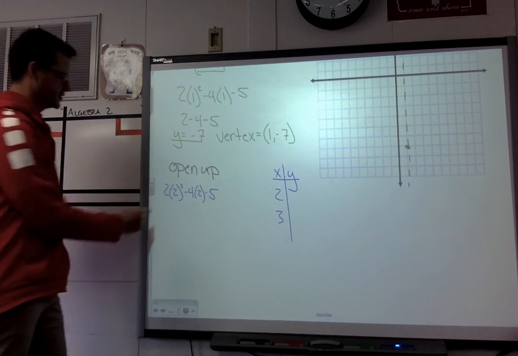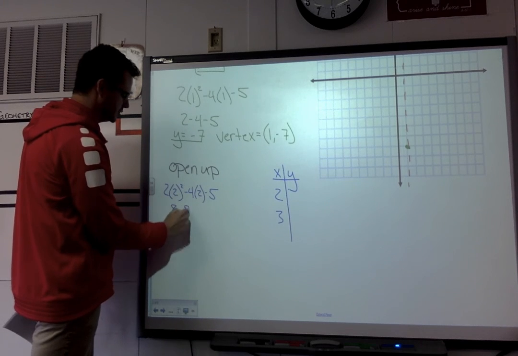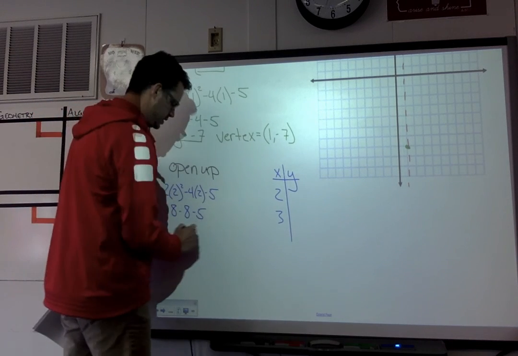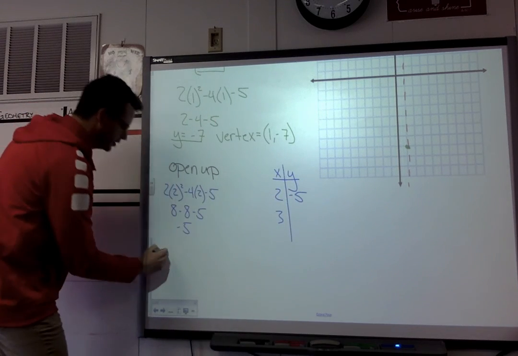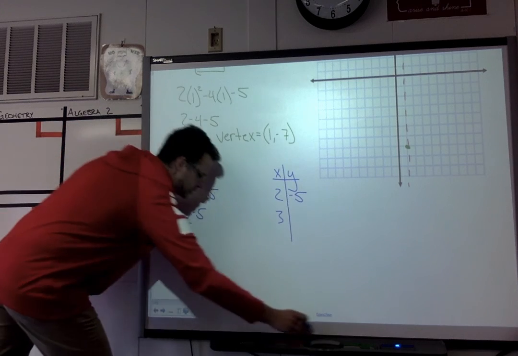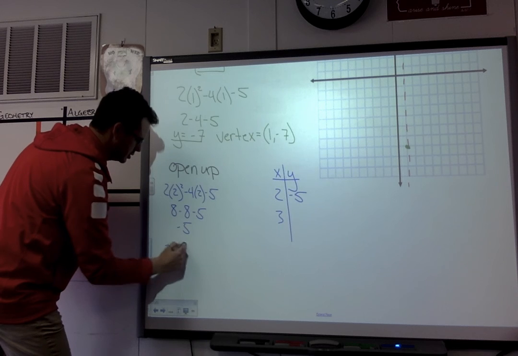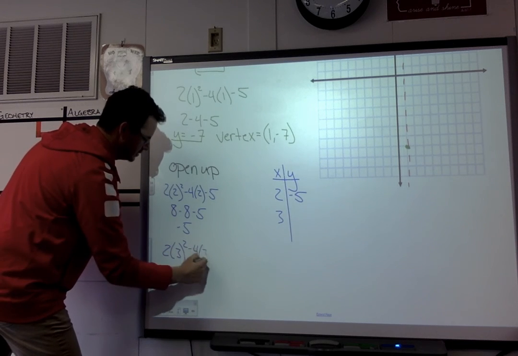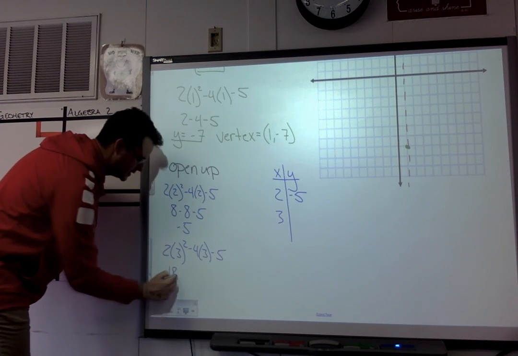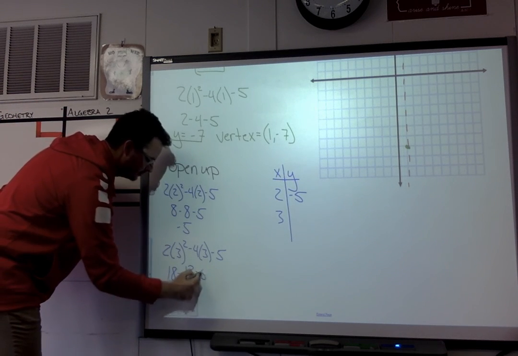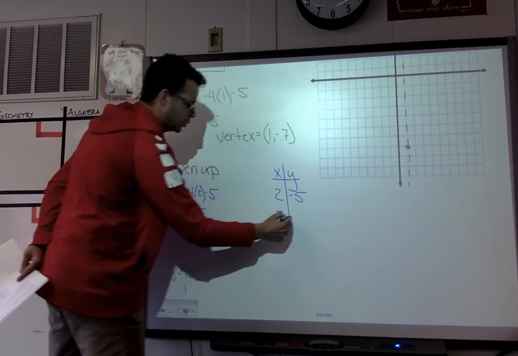So 2 squared is 4 times 2 gives me 8 minus 4 times 2, which is 8, minus 5 will give me -5. And then when I plug 3 in, 2 times 3 squared minus 4 times 3 minus 5 will be 9 times 2, which is 18, minus 12 minus 5, which gives me 6 minus 5, which is 1.